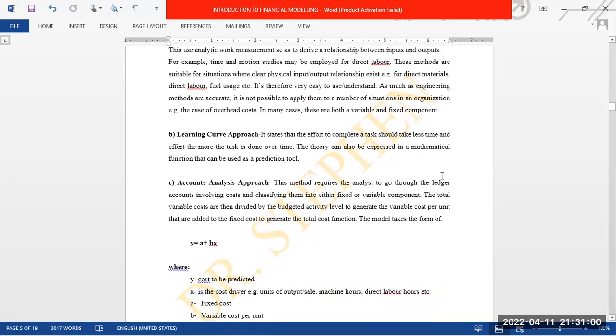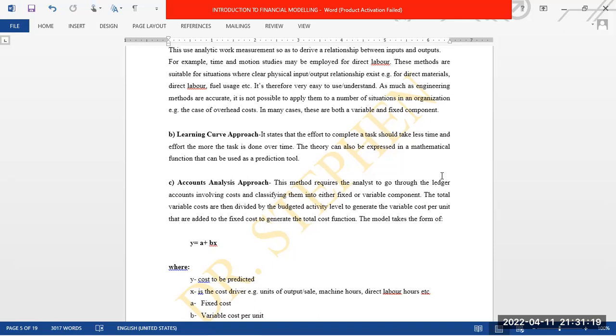What about account analysis approach? So we are looking at cost estimation approaches in financial modeling and forecasting, and our number three approach is account analysis approach.